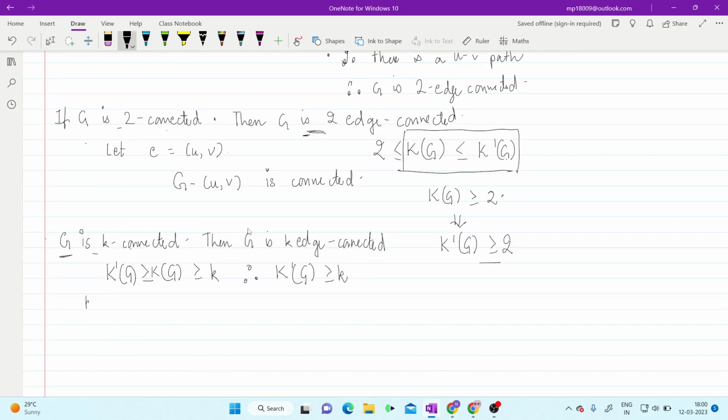If a graph is K connected, then what is K? Is K greater than one, or greater than or equal to one? Greater than or equal to 1.